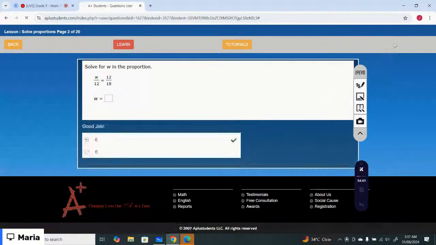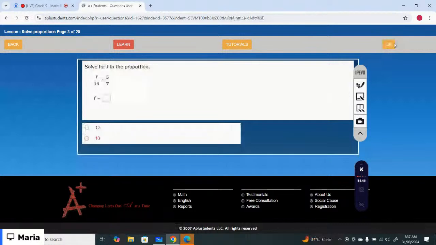Solve for W in the proportion. Solve for F in the proportion.